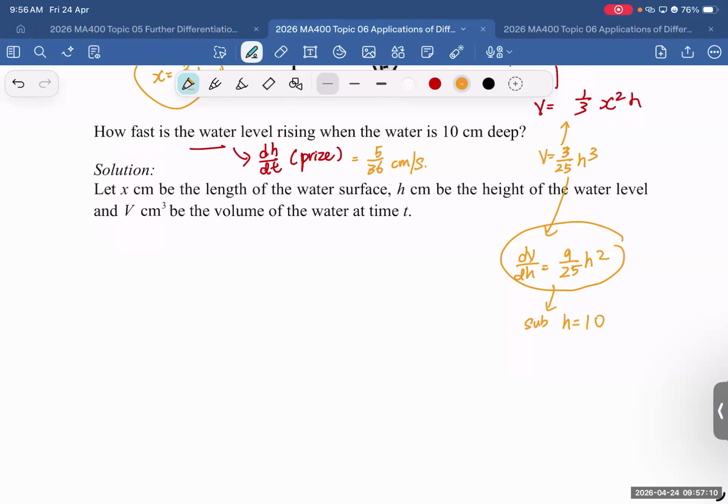For example, you need to write this. This is a must write. Can you all pay attention to what you need now?